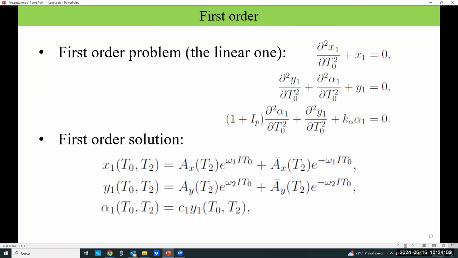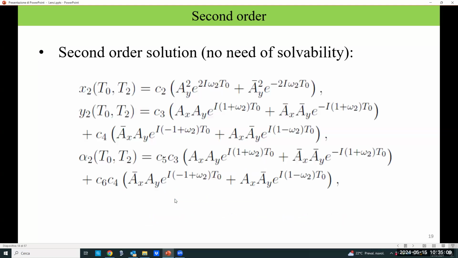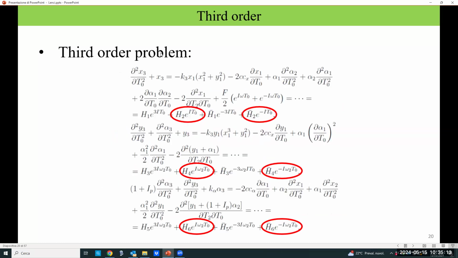Well, a lot of computation. For sure, I will skip the computation. I don't want to bore you with it. You have the first order problem, the linear one, with the first order solution reported here, then the second order problem and the second order solution reported here. You have the third order problem, and in it you have some secular terms.